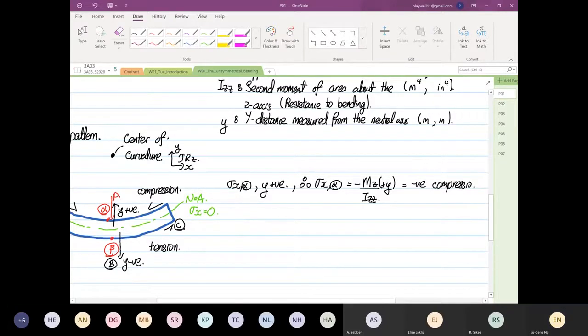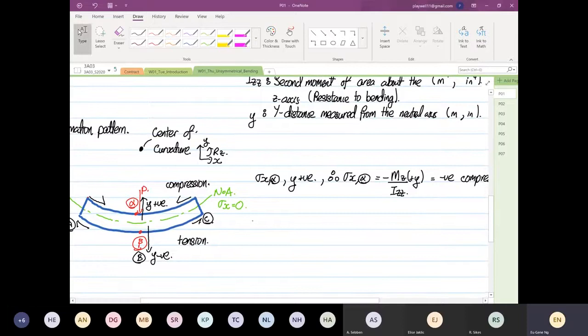Right? So if we were to find stress x at point beta, now the y value, because the beta point from the neutral axis is going away from the center of curvature, so what we have now down here, y is equal to a negative. So therefore, stress x beta is equal to minus Mz multiplied by minus y over Izz.